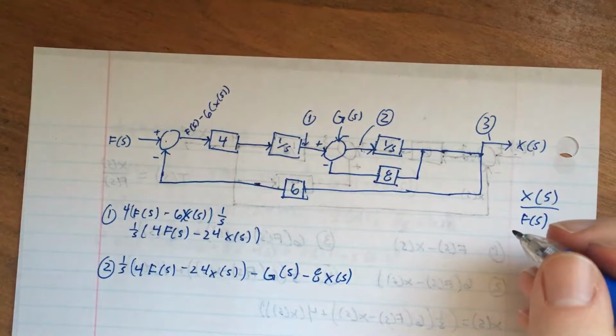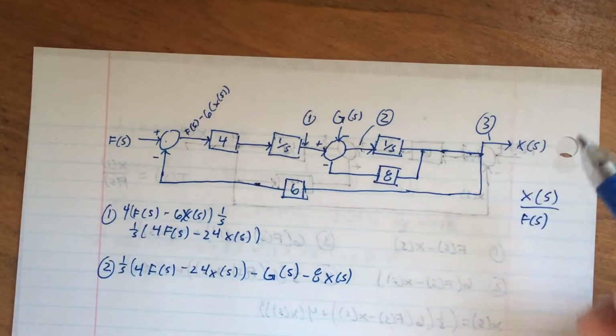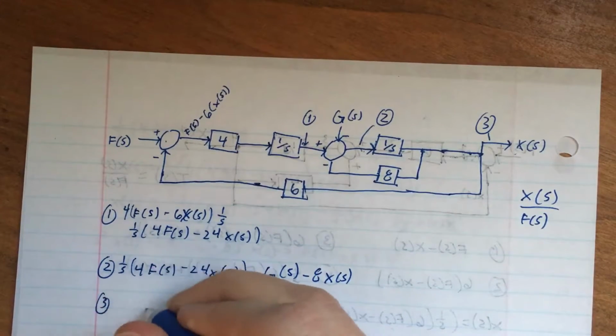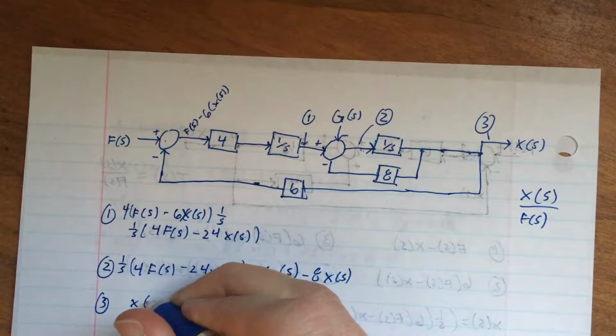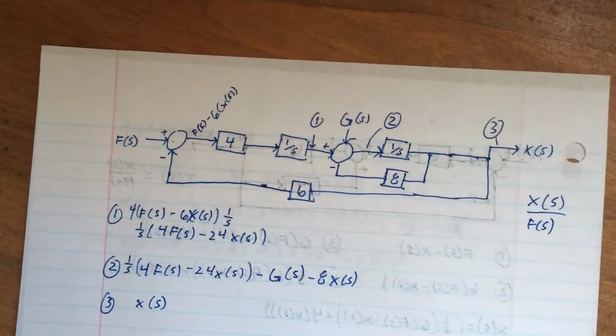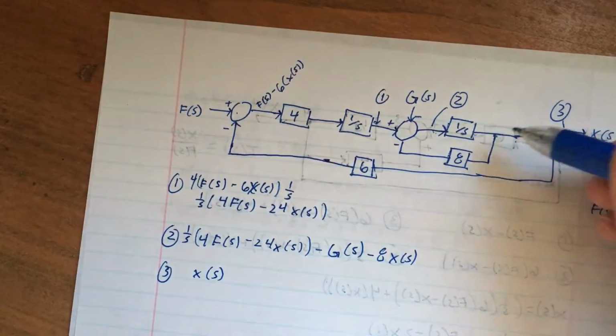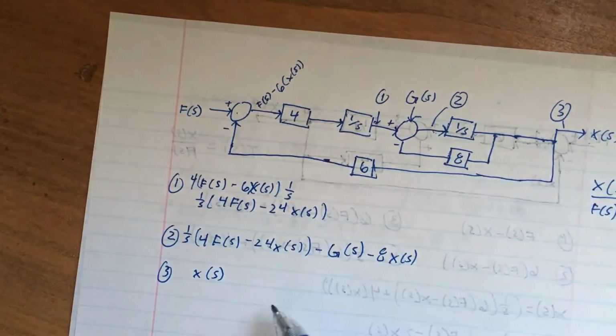Okay, and then point 3 is X(s). And it's also everything that comes through this multiplier here. So what we have to do is take everything at point 2 and multiply it by 1 over s.